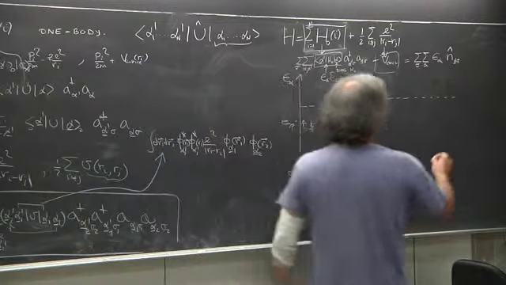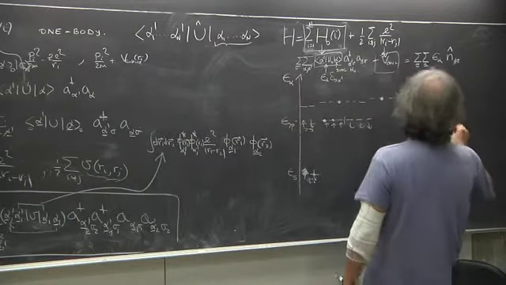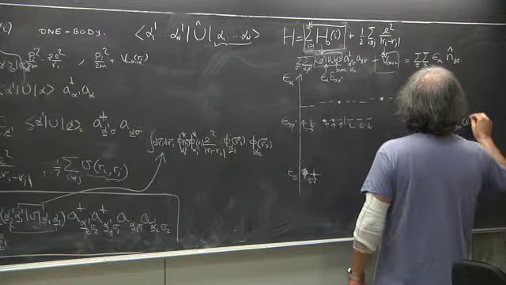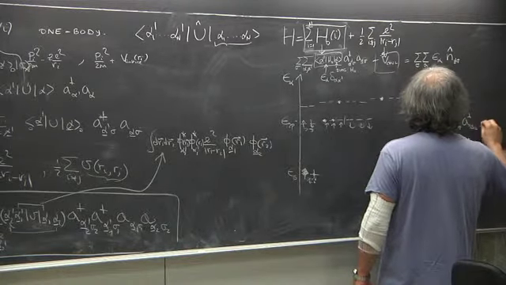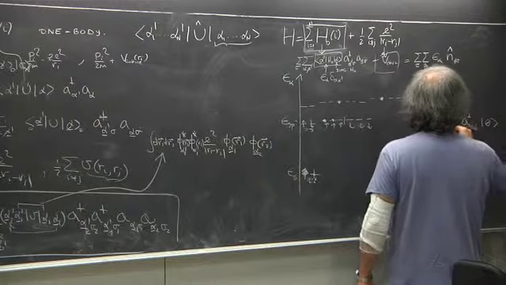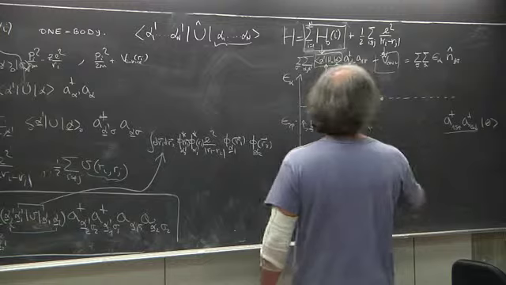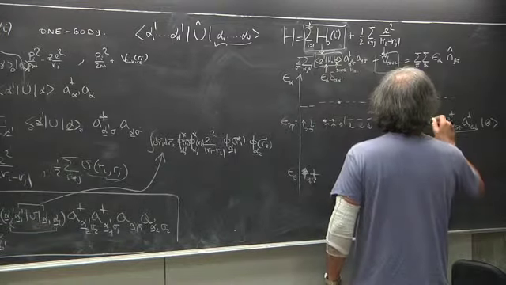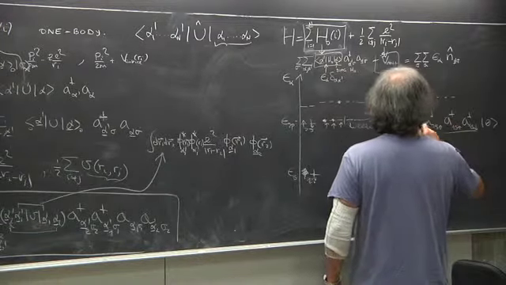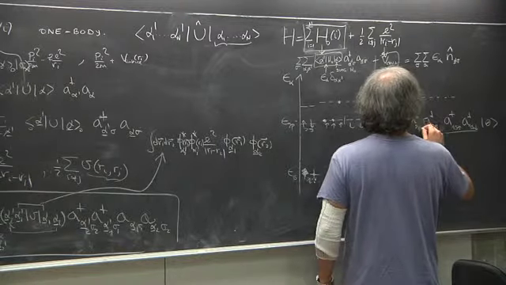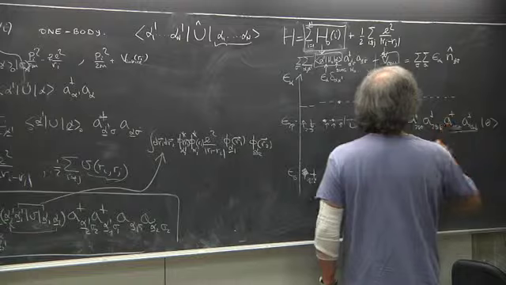In other words, the state in which I have A dagger 1s up, A dagger 1s down, this is this Slater determinant we used for helium. Then I have A dagger 2s up, A dagger 2s down, let's use the same convention, up before down.